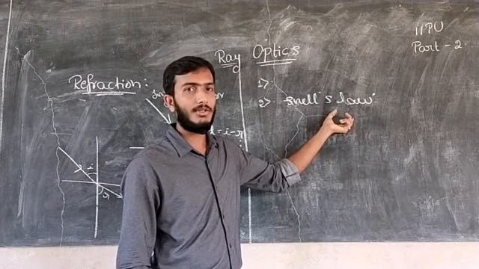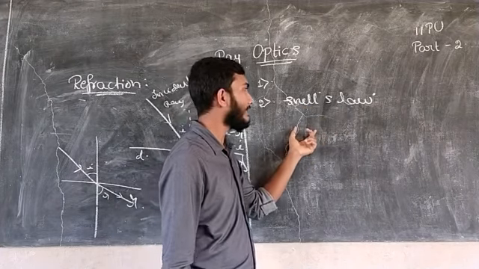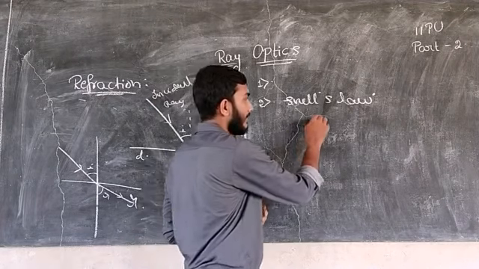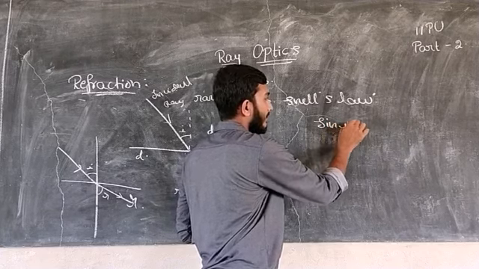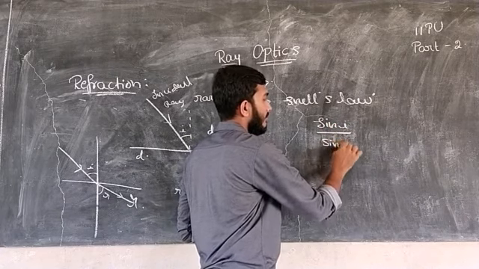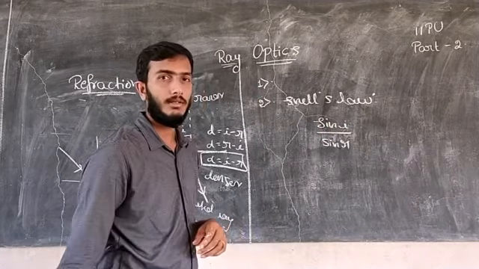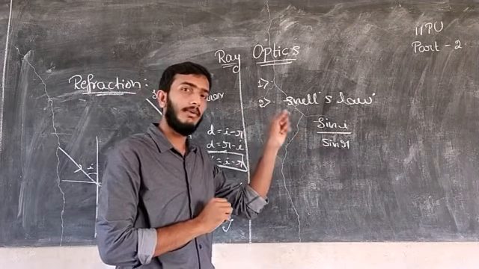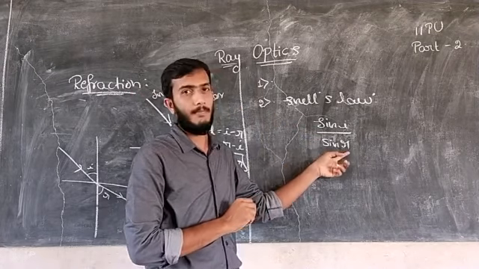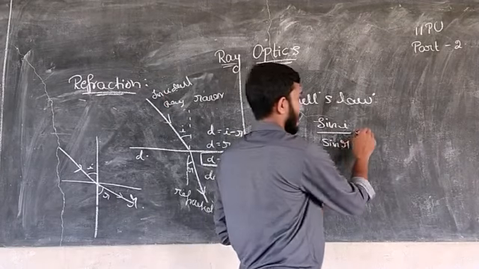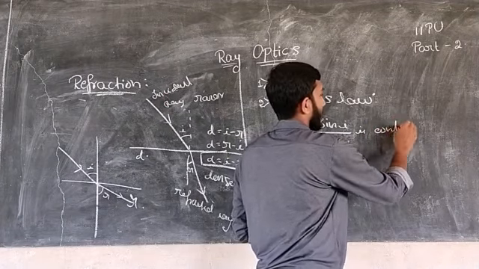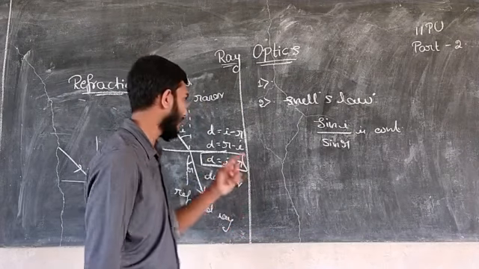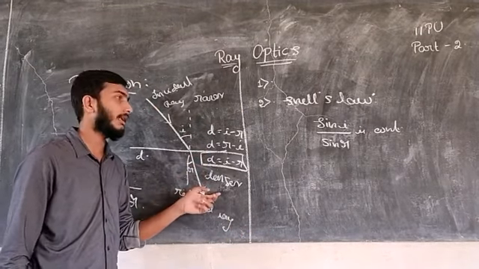So according to Snell's law, the ratio of the sine of the angle of incidence to the sine of the angle of refraction is constant for a given color of light and pair of media. A pair of media means two different media, a rarer medium and a denser medium.